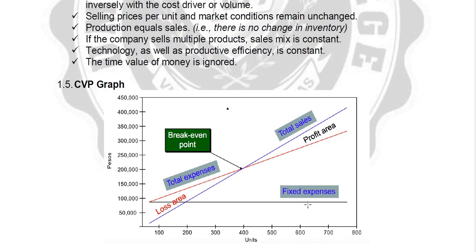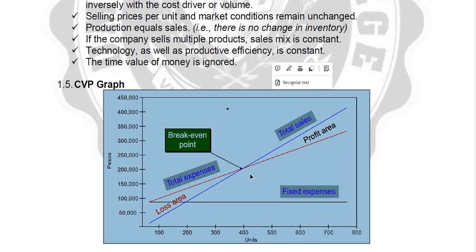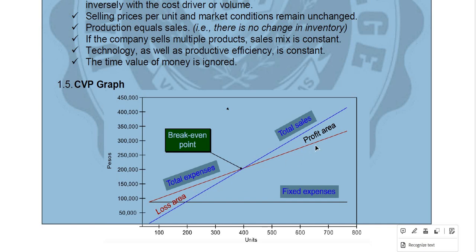Now, your variable cost is this red line, plotted from your fixed expenses. That red line actually represents your total expenses, because it comprises the fixed expenses here and then the variable expenses in this particular area. If you have observed, this variable cost will vary directly with activity level.